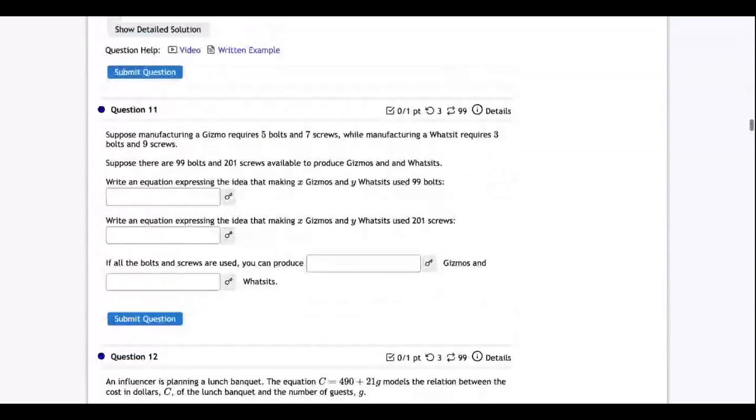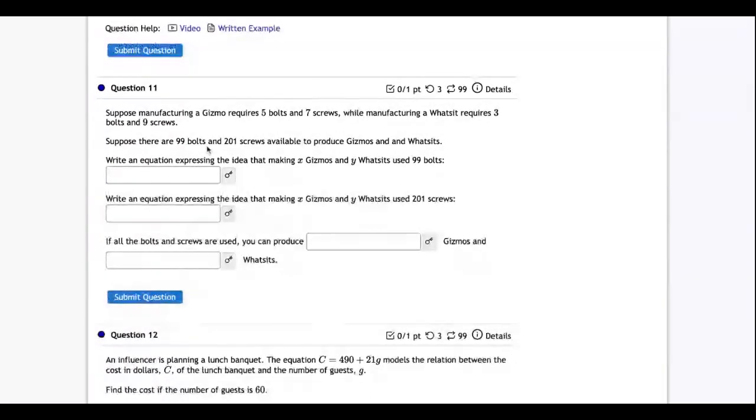Suppose manufacturing a gizmo requires 5 bolts and 7 screws, whereas manufacturing a woodset requires 3 bolts and 9 screws. Suppose there are 99 bolts and 201 screws available to produce gizmos and worsets.